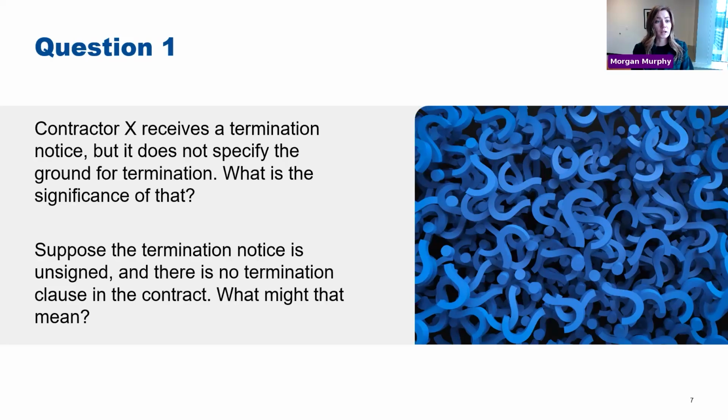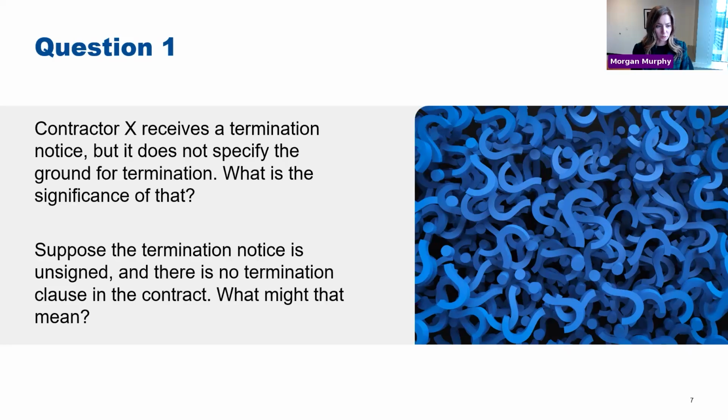So you're going to want to let the government know, here's what we think the reason is for this termination. You could generally assume oftentimes it's going to be a termination for convenience. And once you've let them know that, you can see if they go back and fix that defect. If they don't, then there's more steps that you could take from that point. But essentially, you want to let them know why you think that your contract is being terminated.